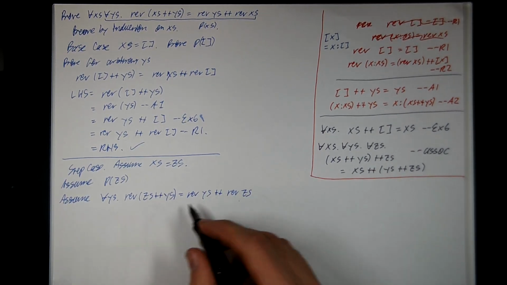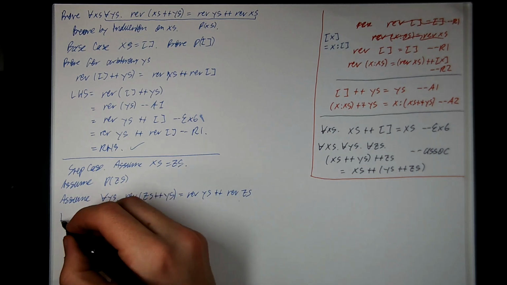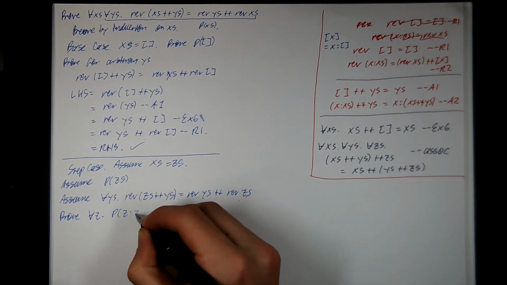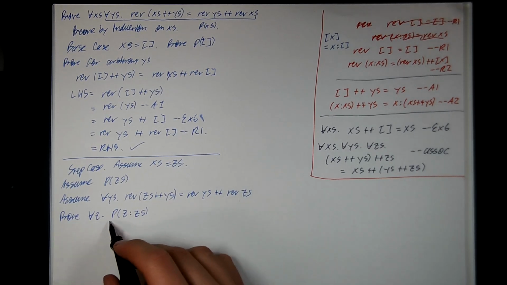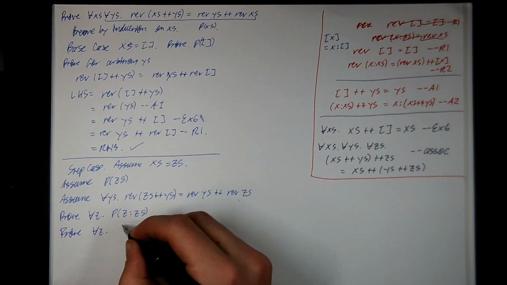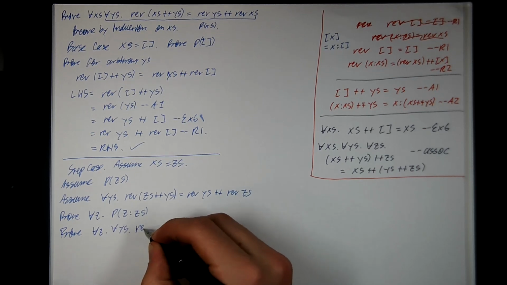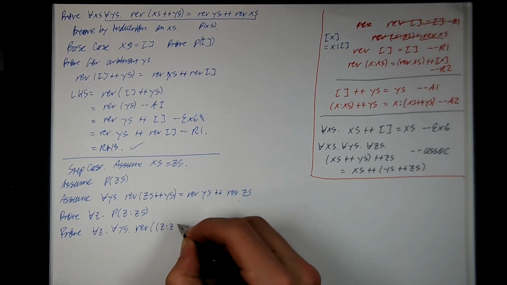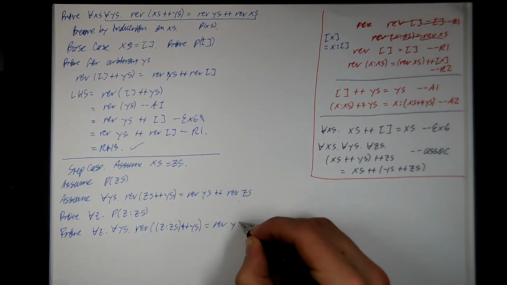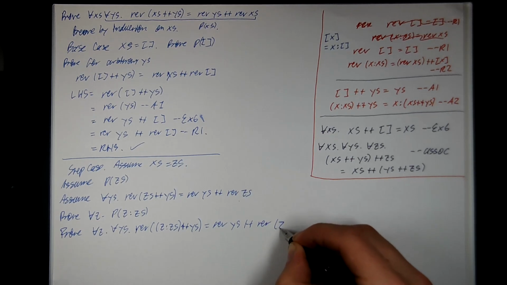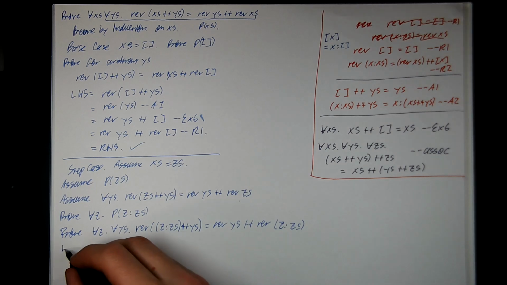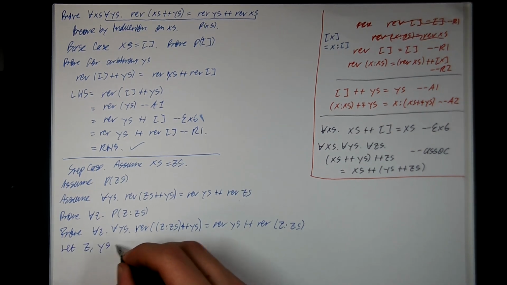Now we want to prove that for any new element z, the statement is still true if I put z on front of zs. So we want to prove for all z, P of z cons zs: for all ys, rev of z cons zs concat ys is equal to rev ys concat rev of z cons zs. So we're going to let z and ys be arbitrary.